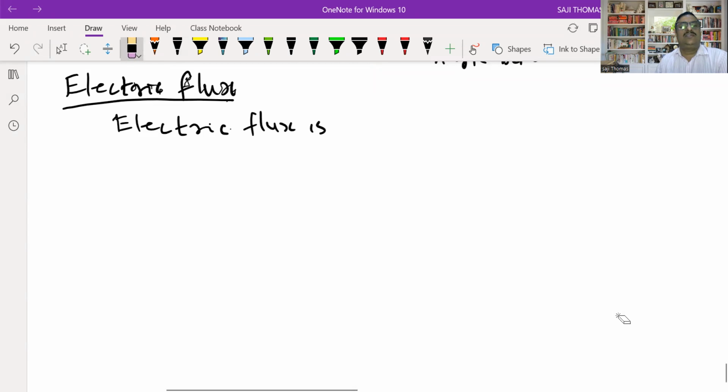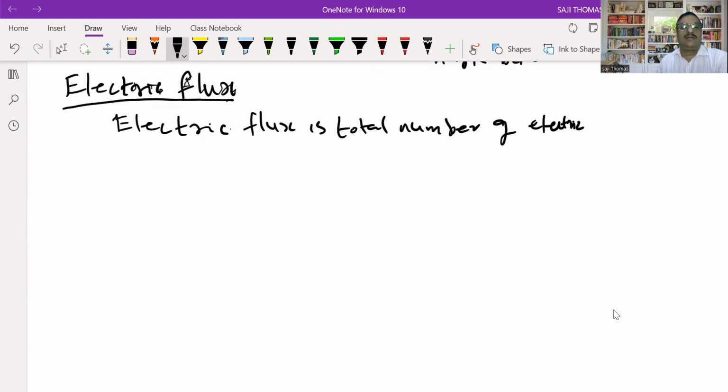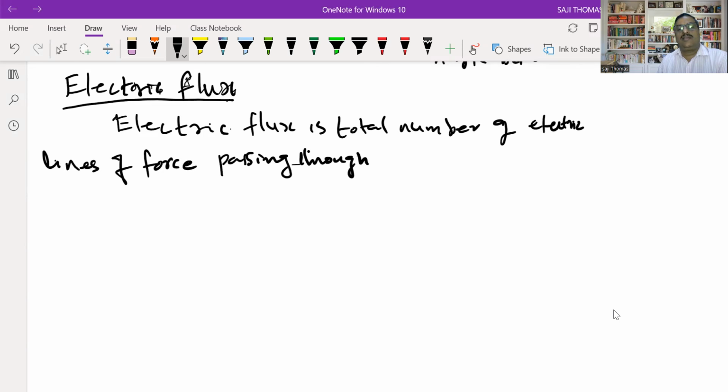Electric flux is the total number of lines of force passing through a given surface. Passing normally through a given surface.